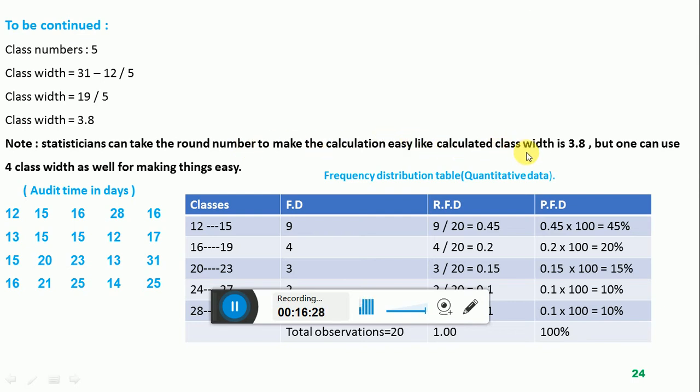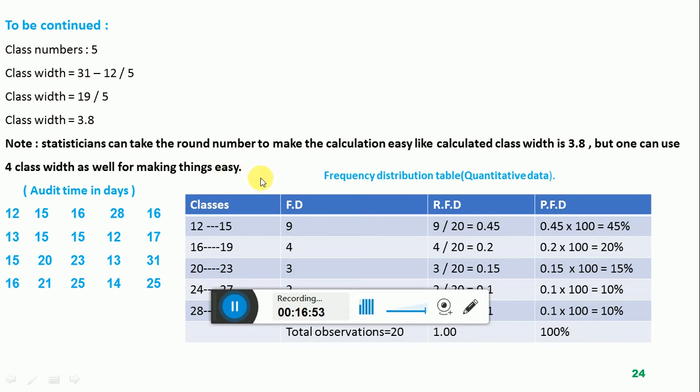Like the calculated class width is 3.8, but one can use a class width of 4 as well. If the calculated class width is in decimals, the statistician has the power to take a round number to keep things easy to handle and easy to understand.